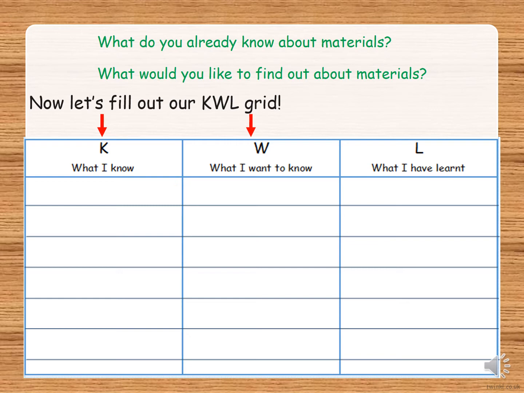I know that rubber is squidgy or rubbery. I know that because glass is see-through, we can use glass to make windows because then you can see through them. I know that because rubber is squidgy or rubbery, they make very good tires on cars and on bicycles because they are able to grip the road, so the cars and the bicycles do not slip off the road.